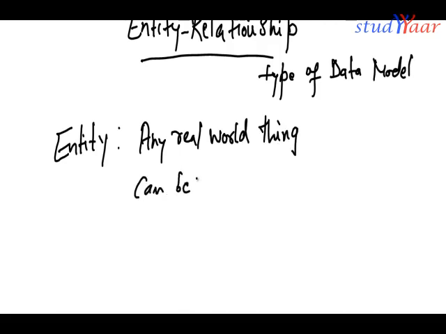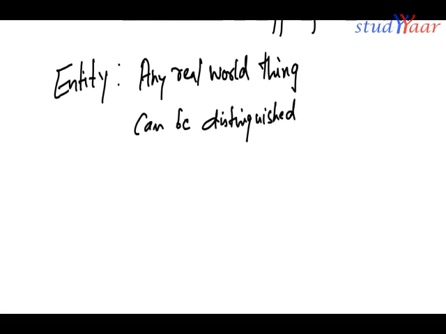So there should be some mechanism through which you can identify that thing that can be distinguished. So let's see some examples of an entity.